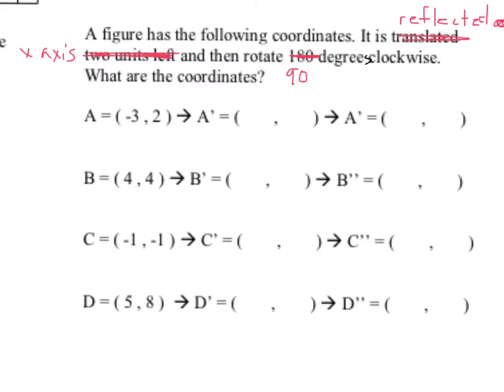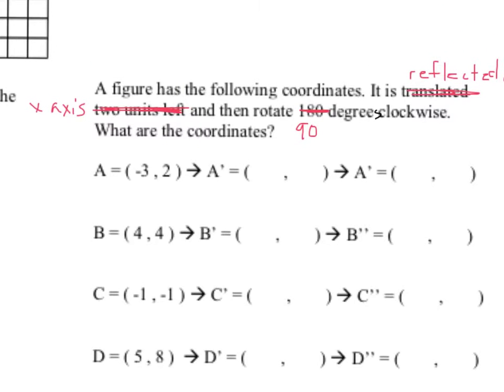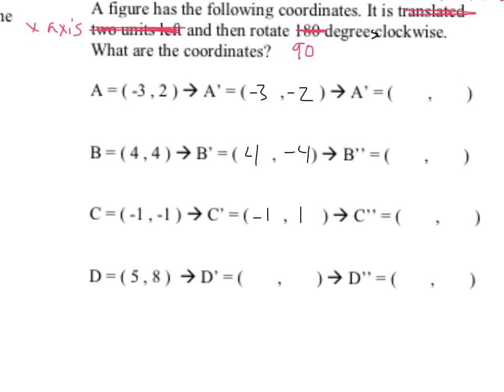Yeah, switch the signs of the y, because we're staying on the same left-right field, but we're just flipping it over the x-axis, up and down. So our y, which is our up and down, is going to switch signs. This becomes -3 to -2. This becomes a -4, +4, x stays the same. -1 becomes +1, and 8 becomes -8, +5.